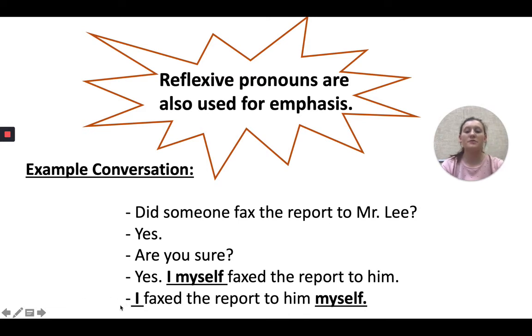Or we could also use the sentence, I faxed the report to him myself. We're using both of those words in the same sentence to emphasize that I personally faxed this report over. We're emphasizing that I myself did what you asked me to do.